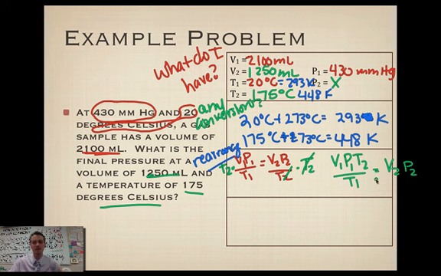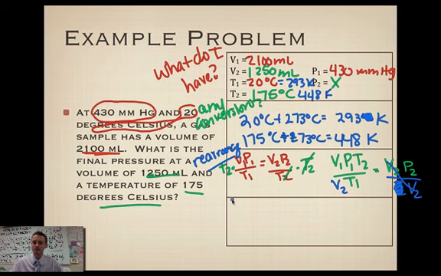Since P2 is multiplied by my V2 here, I need to do my inverse operation. So I need to divide this side, not by P2, I'm trying to get P2 by itself, by V2. I'm going to divide this side by V2, and do the same thing on this side.